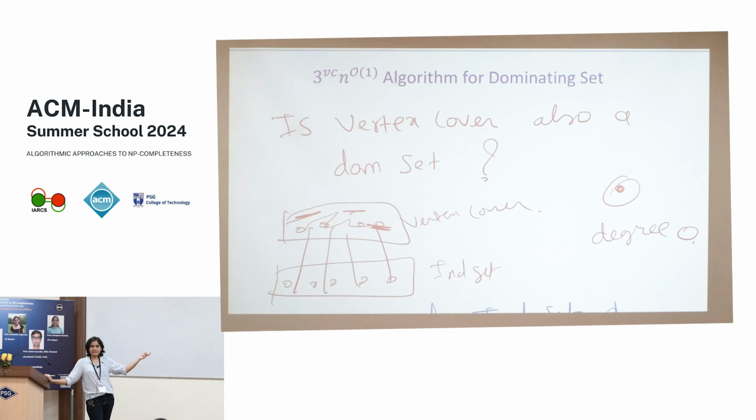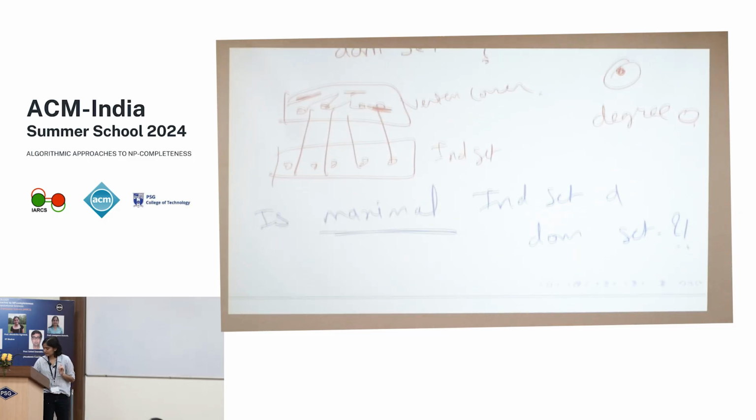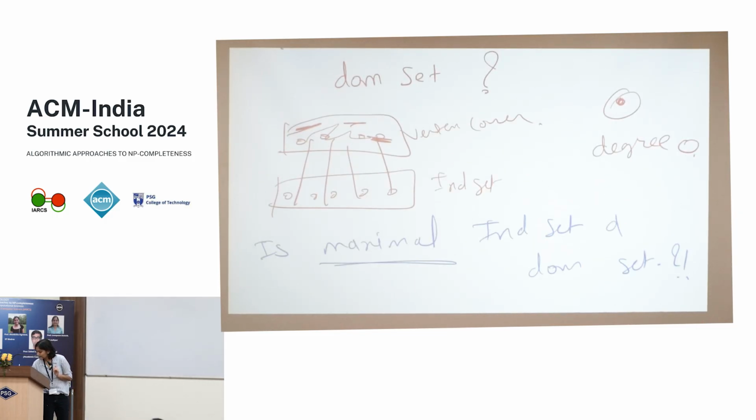But we are solving the dominating set problem. So instead of looking for 2^n, 3^n, we are looking for 3^(vertex cover size). This vertex cover is given to us. We know what it is. Is that fine with everyone? Okay, great. So let's see what we can do.